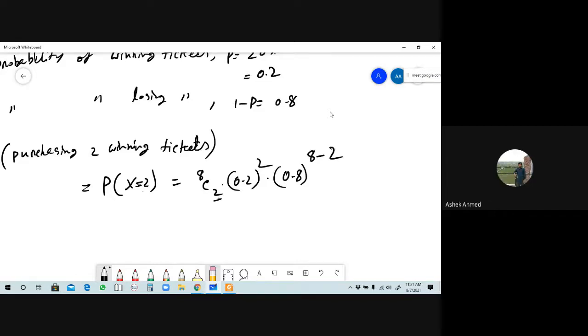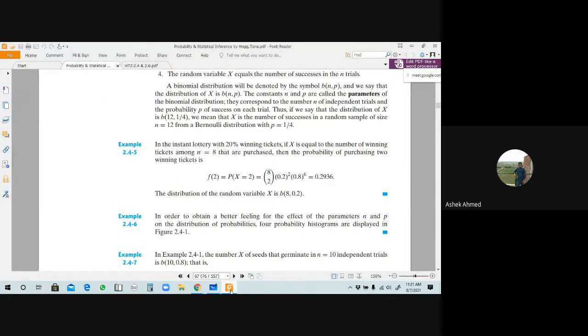From here you can evaluate this result by using a calculator. You have to practice these problems using a calculator and find out the value. The value will be 0.2936. We can write this problem in the form of 8, 0.2.